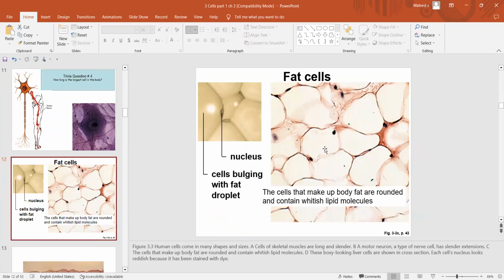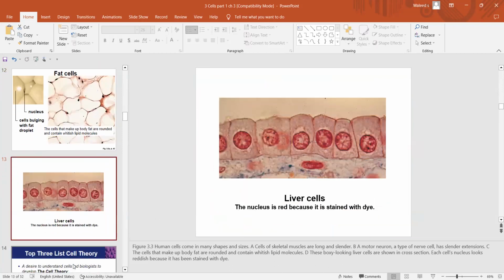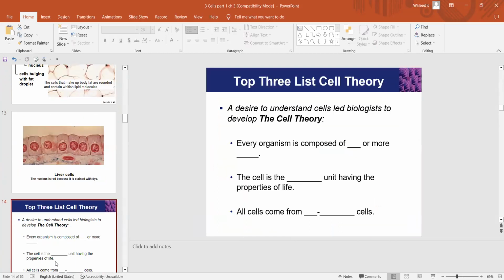Why? Because the fat is being stored here. It's filling all the space or most of it and pushing the nucleus to the side. This is how it looks like. Liver cells, just a normal cell. It doesn't have to be exactly in the middle, but not pushed to the periphery.